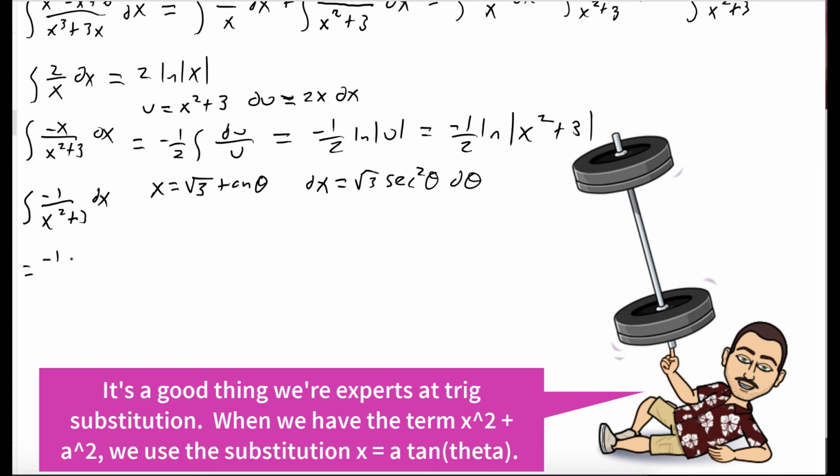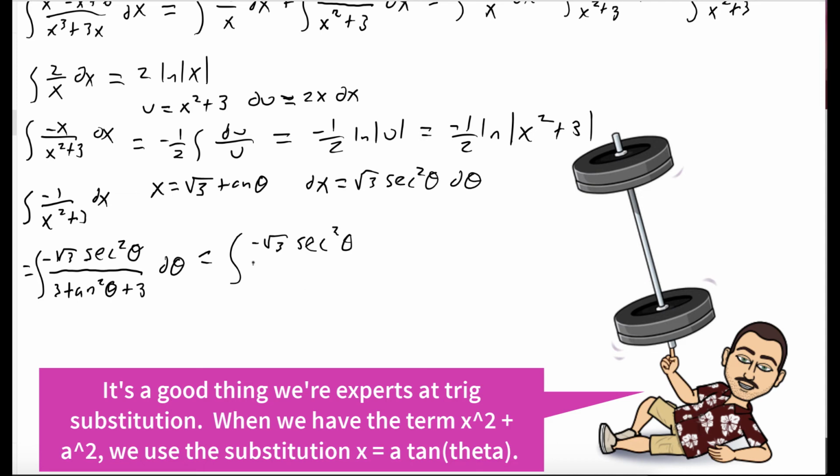When we make this substitution, our integral is negative square root of 3 secant squared theta over 3 tangent squared theta plus 3 d theta. In our denominator, 3 tangent squared theta plus 3 is equal to 3 secant squared theta.